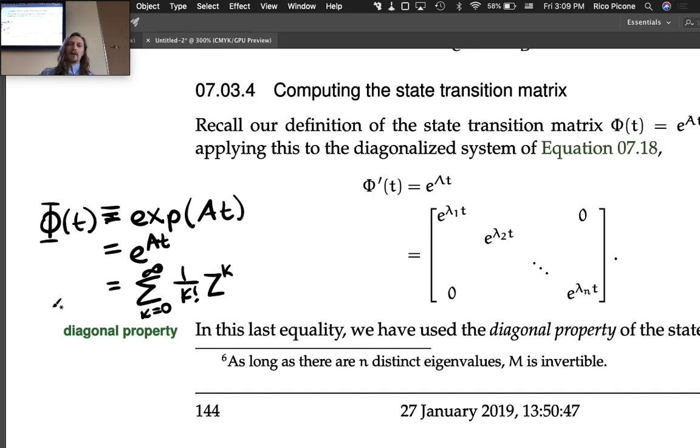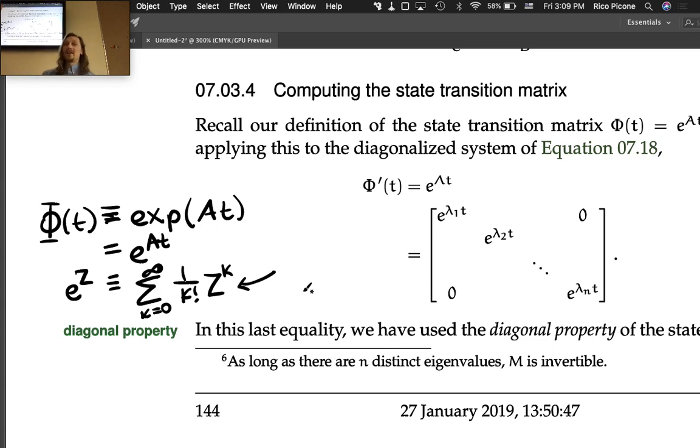And this was defined as being e raised to the Z matrix. E to the Z matrix is this by definition. That definition you're going to use in a couple homework problems. Go back to the definition to find what the matrix exponential is.